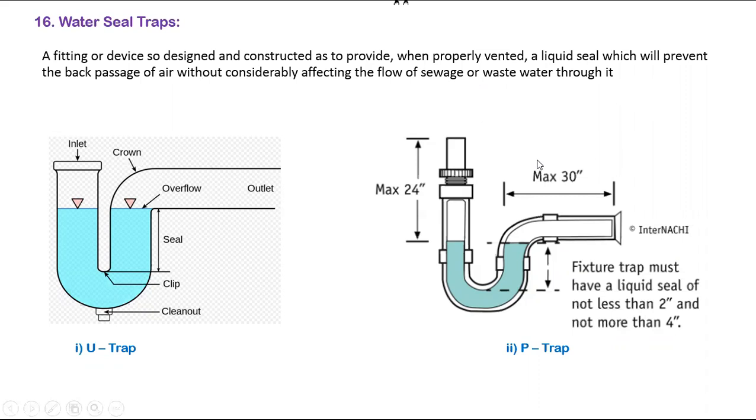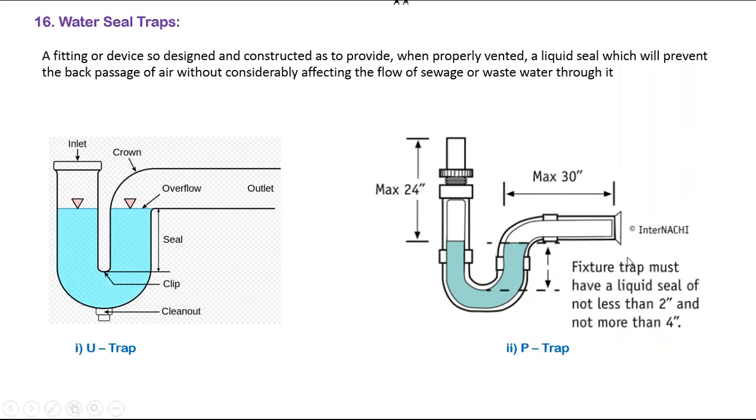So when can we use the trap? We have to decide by a proper ventilation system. Only with a properly ventilated system can we use the trap. If we are not providing a proper ventilation system, the trap will not work because of siphonic action.